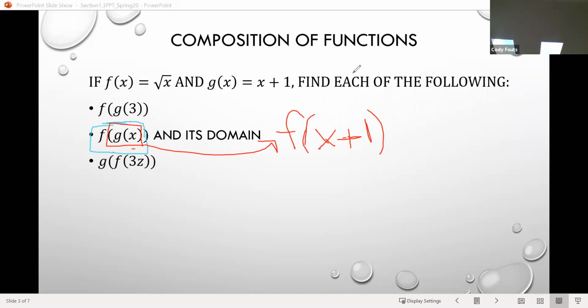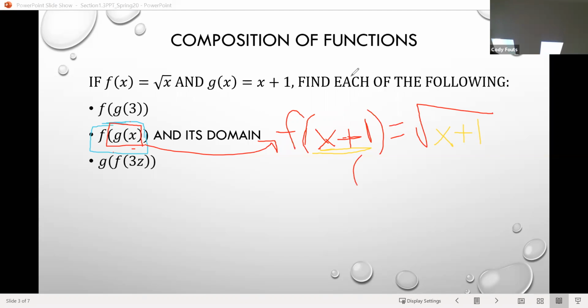And that x plus 1 now, that'll be the input for the function f. So that'll go in the place of wherever the variables are in f. So this would become square root of the thing that I underlined, which is the x plus 1. Now just write a final answer here.